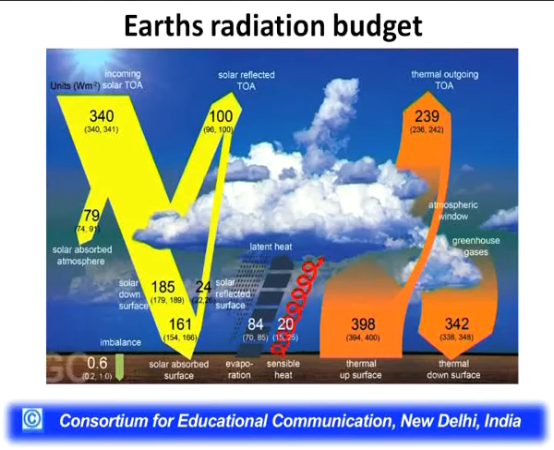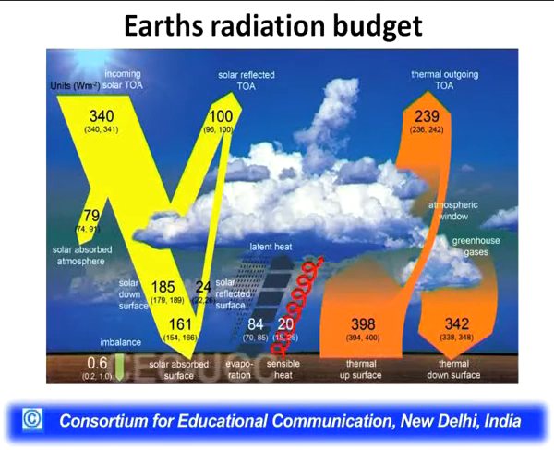Out of that, 100 is exactly reflected back, which is approximately 30%, and that is the albedo. Now 240 is left. Out of that 240, 79 is absorbed by the various atmospheric gases.